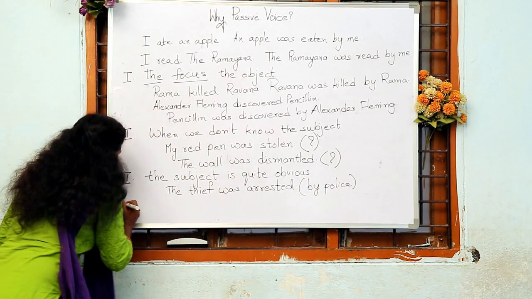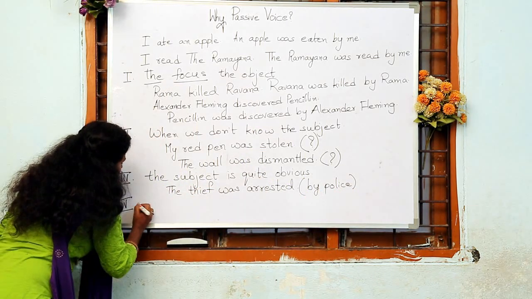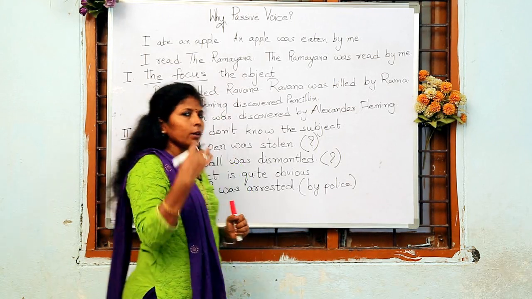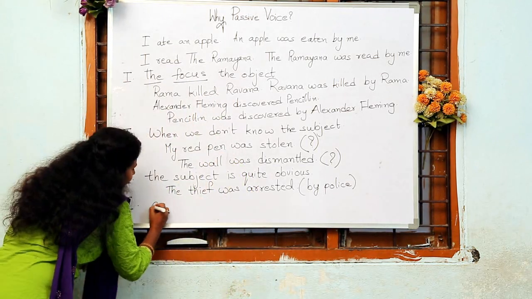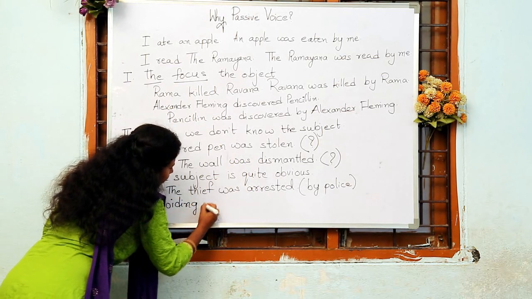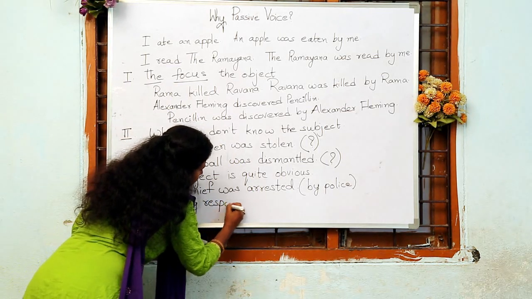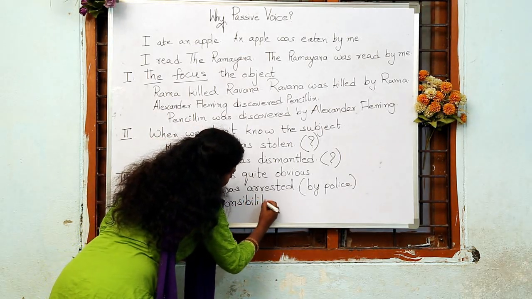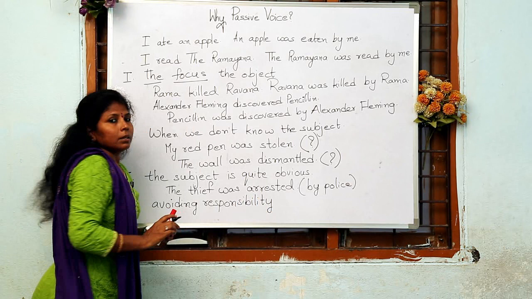And the fourth situation where we want to use the passive voice is when we want to avoid responsibility. Nobody is interested in taking responsibility, so we prefer the passive voice.